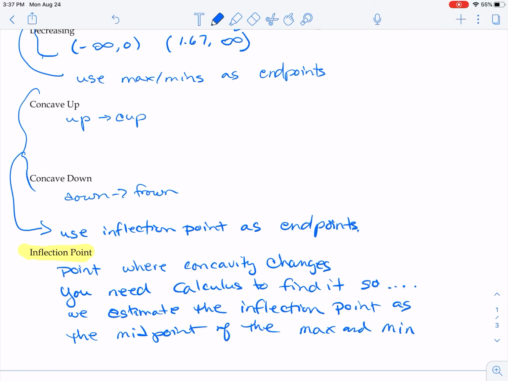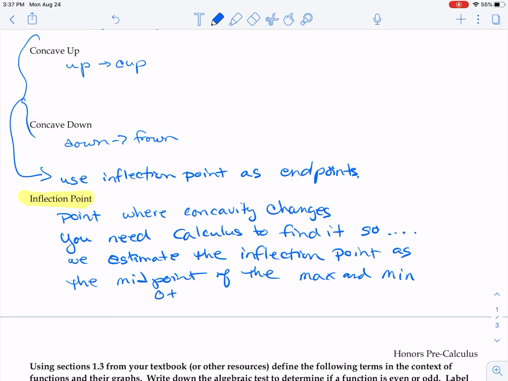So in this case, we would have 0 plus 1.67 divided by 2 equals 0.835.